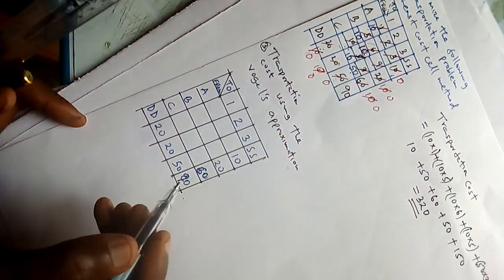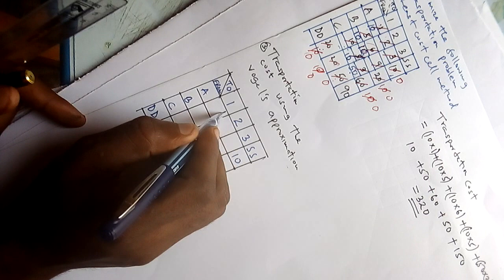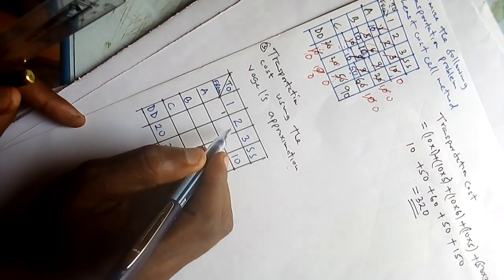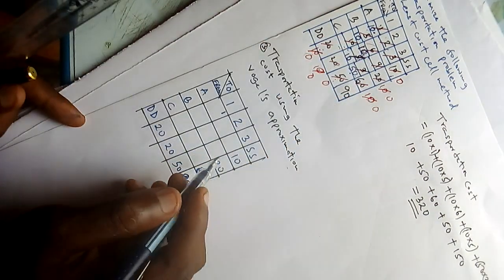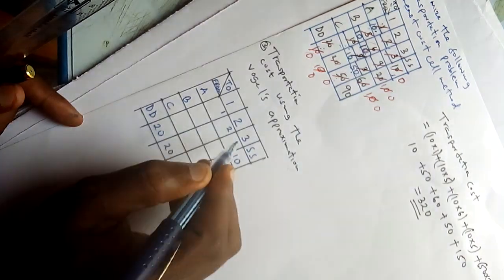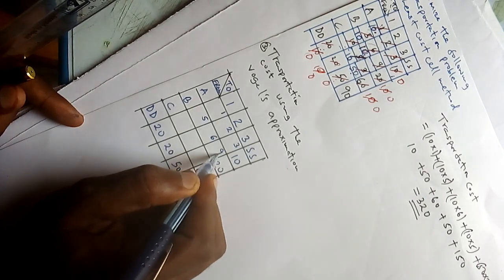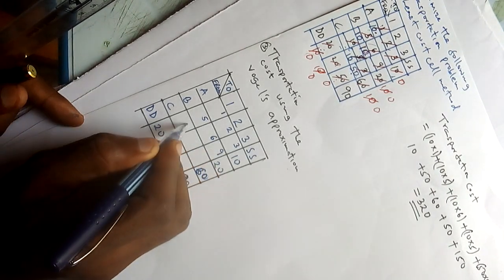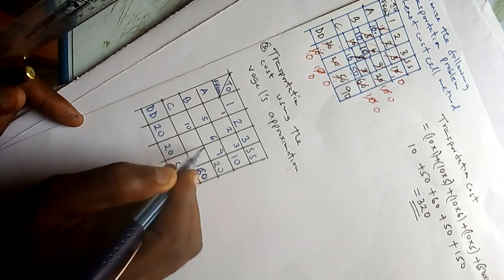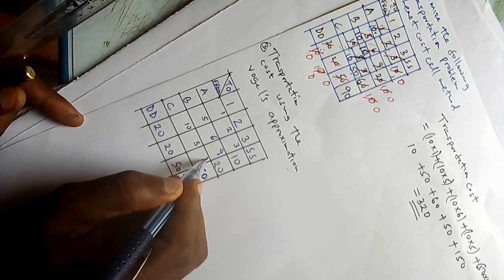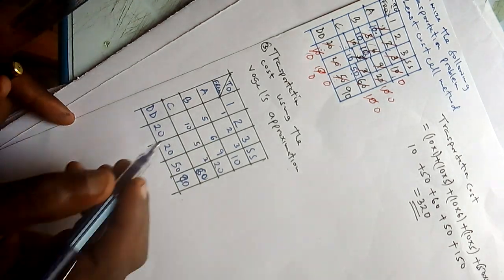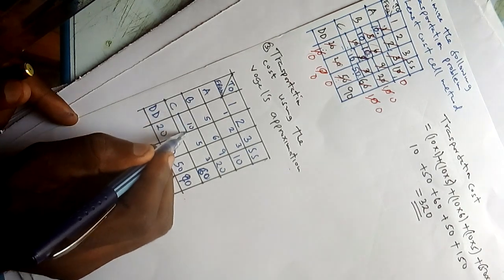Then here we are going to have 1, 2, 3, 5, 6, 9, 10, 5, 3. Then we are going to have this.